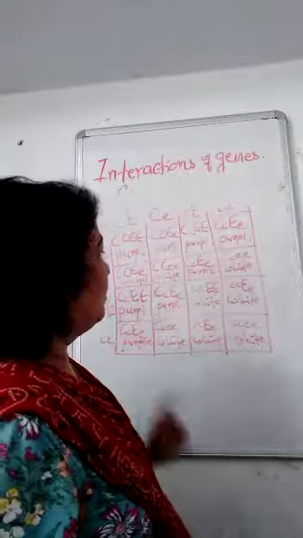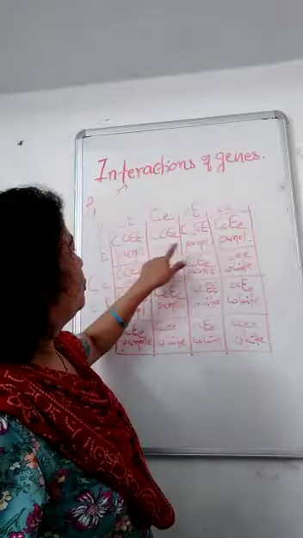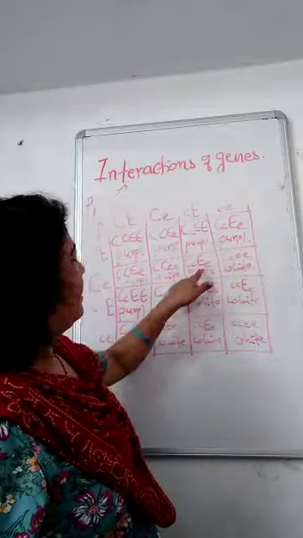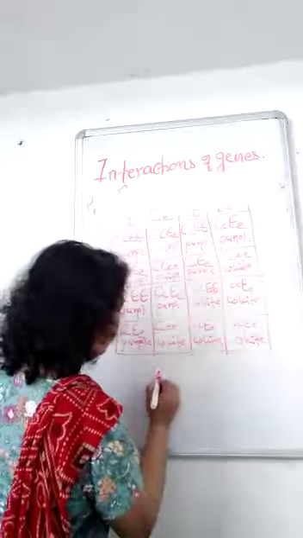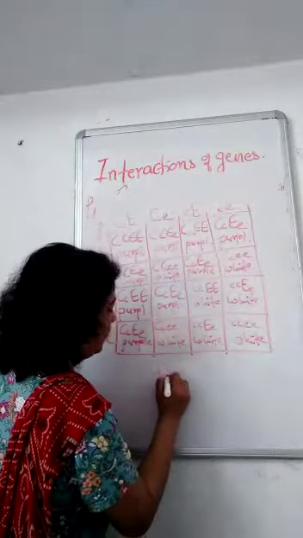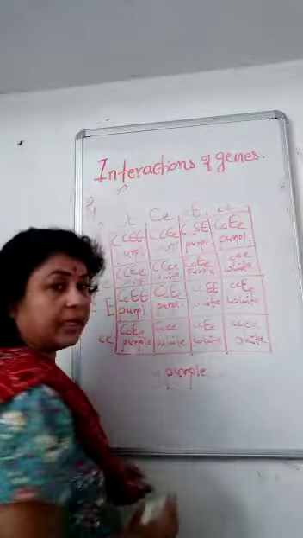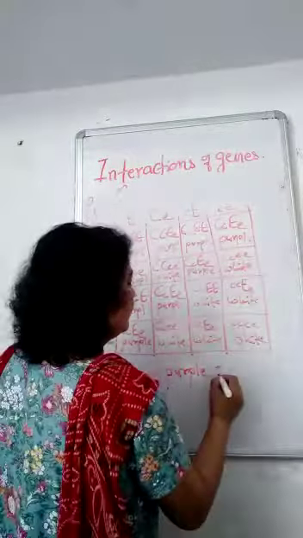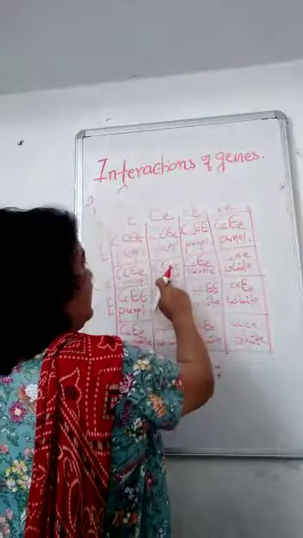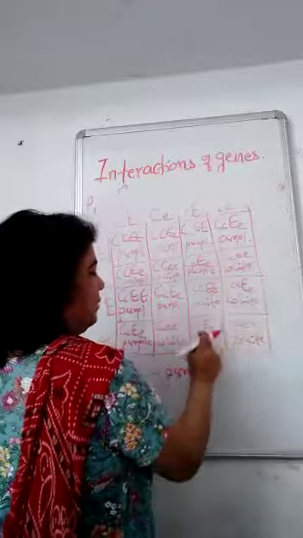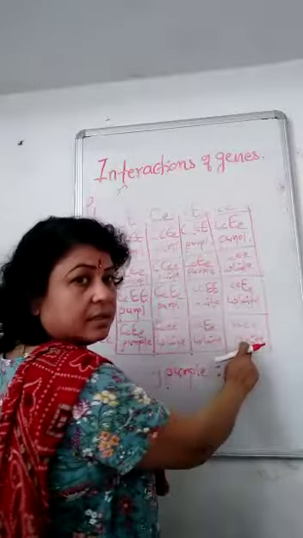Okay. So how many purple and how many white? So 1, 2, 3, 4, 5, 6, 7, 8 and 9. So these 9 purple, and 1 white, 3 white, 6 and this 7.